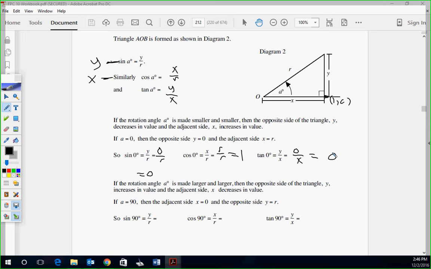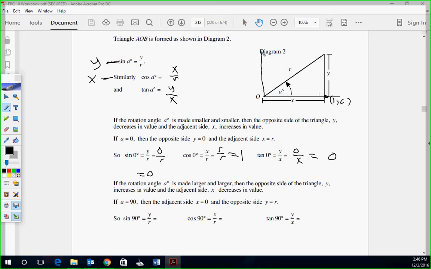So let's think now, what about sine of 90? 1. Yep, 1, because 90 is straight up and down. Look, guys, if this is 90, that means that this is going to be 90 as well.